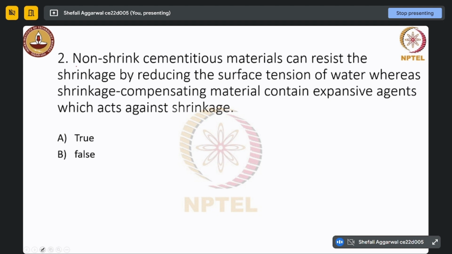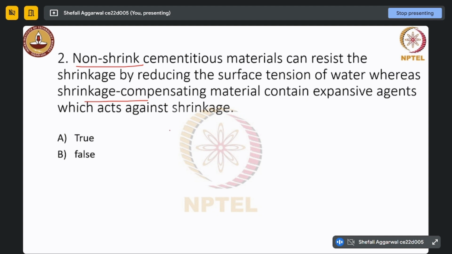So there are two types of material we are talking about, non-shrink material and shrinkage compensating material. What are non-shrink materials doing? They are preventing shrinkage. And shrinkage compensating materials, what are they doing? They are compensating against shrinkage. So non-shrink materials will be resisting the shrinkage, and shrinkage compensating materials are added to act against the shrinkage. In shrinkage, what is happening?